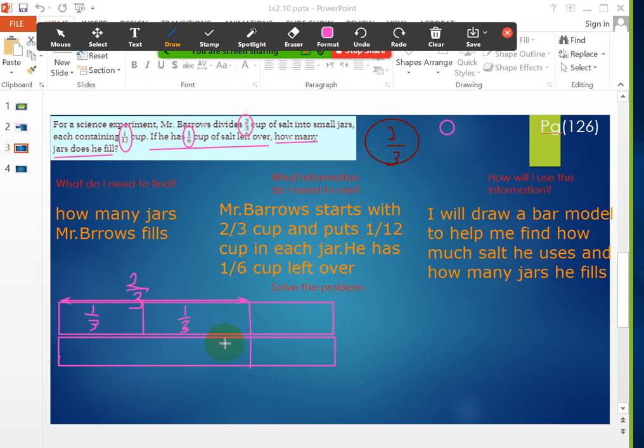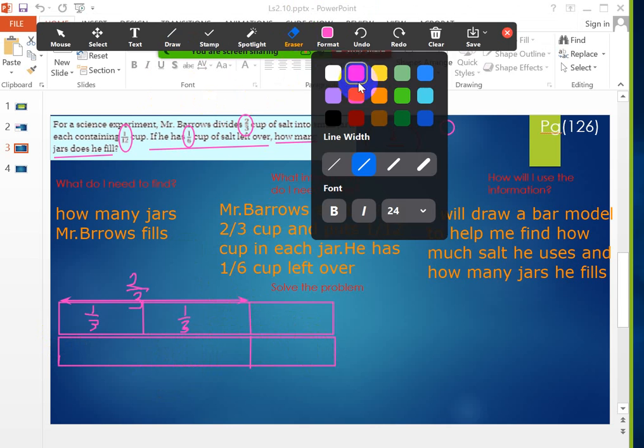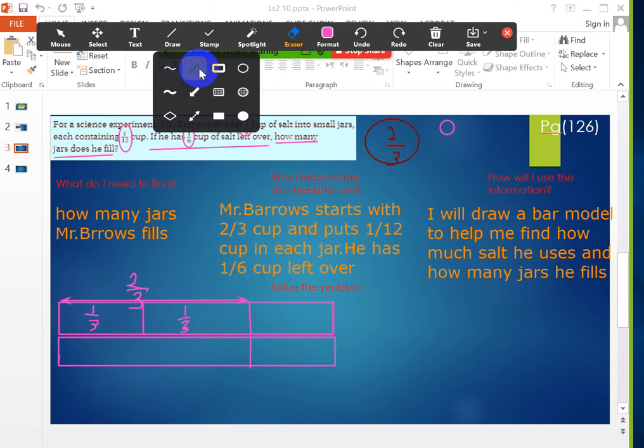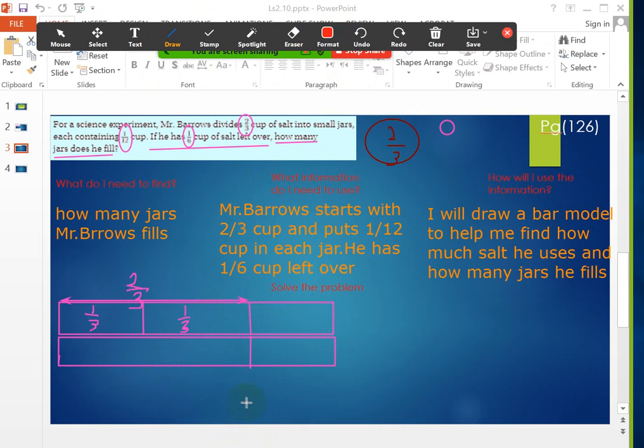You know that to divide this into 6 equal parts, it will be right here, like this. Oh, sorry. Okay, I will draw it again with another color. You have to divide the whole into equal parts.